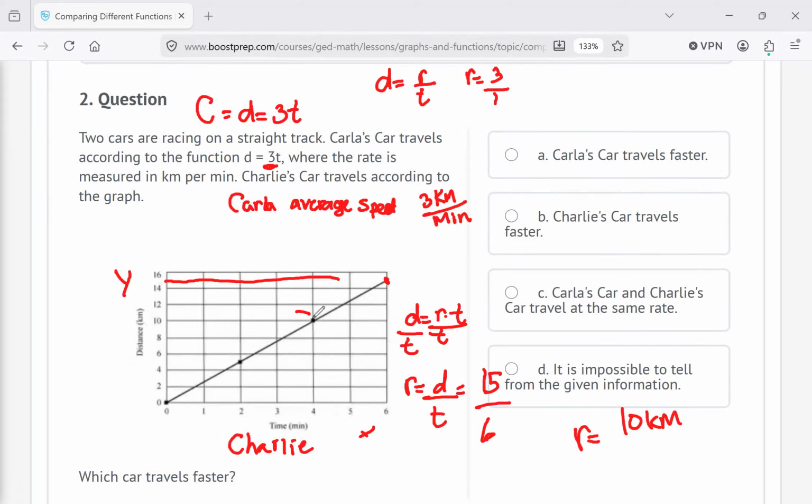It would be 4, right? So you look at the graph and it's 10 over 4, and 10 divided by 4 is 2.5. Hold on, I think I made a little mistake.